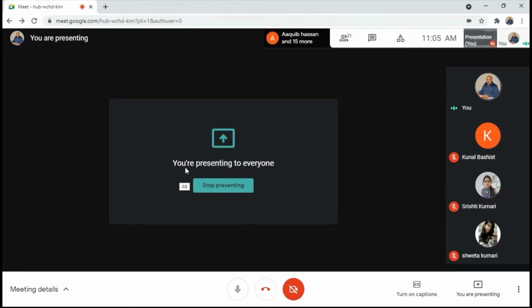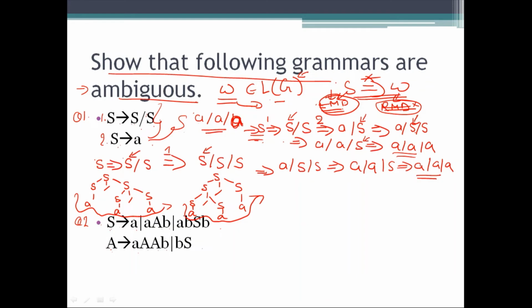Yes, sir. Fine. Second one, you can see here the string has two variables. One is S, another one is E. Production rules are such that you can revisit, so you have to choose the smallest string and check whether it is possible to derive that W from the given production rules for more than one leftmost derivation.